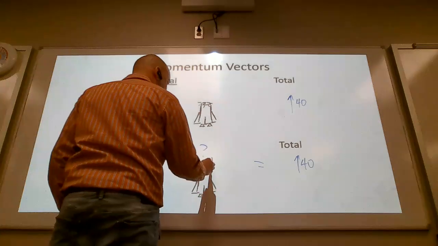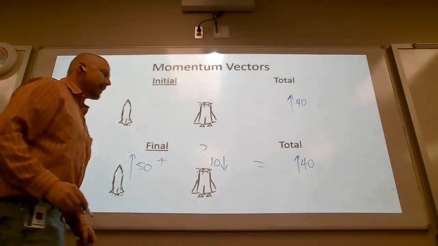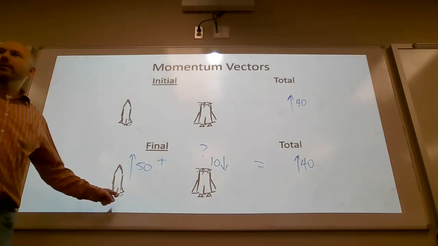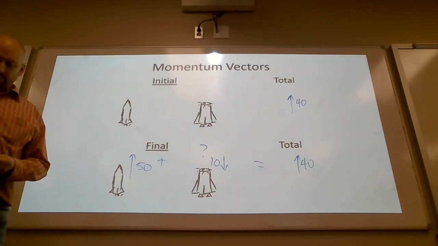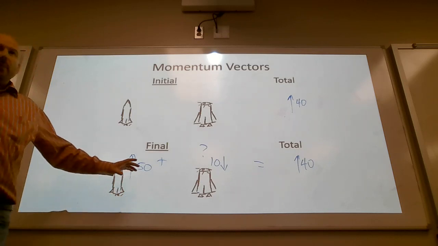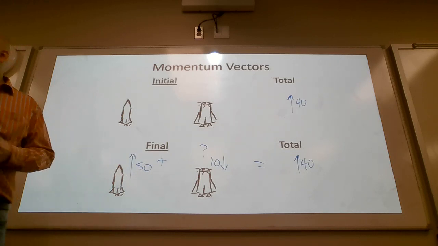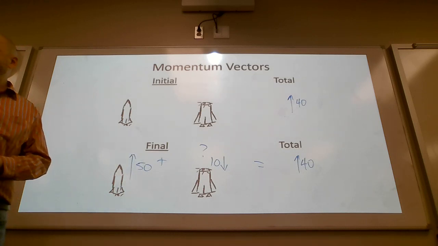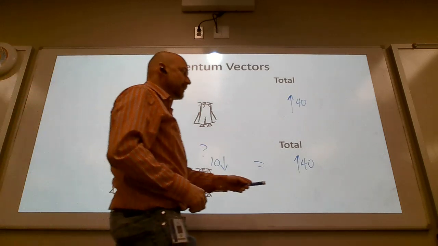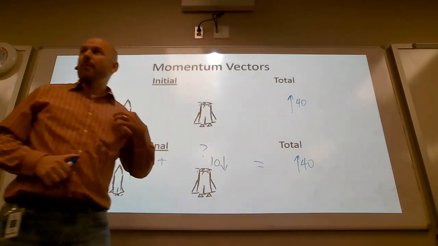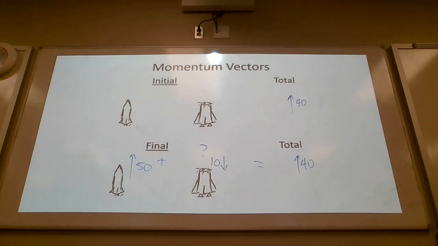That has to be equal to 10 down. Wow, that's crazy. You have more momentum than what you started with. No, you don't. Magnitude-wise, yes, but you can't just look at magnitude. There's a direction aspect. The total momentum of the system is still 40 up. Okay, good with that?